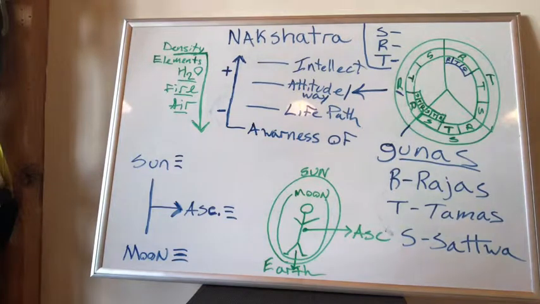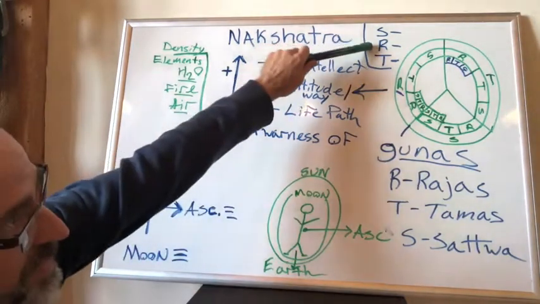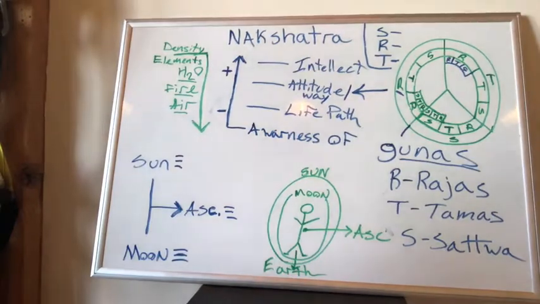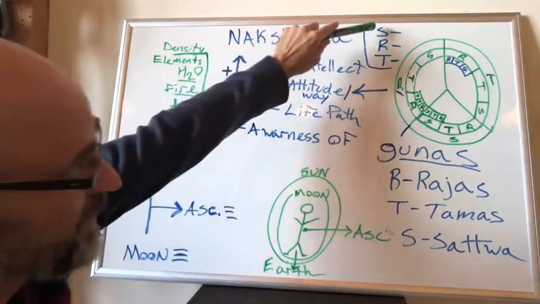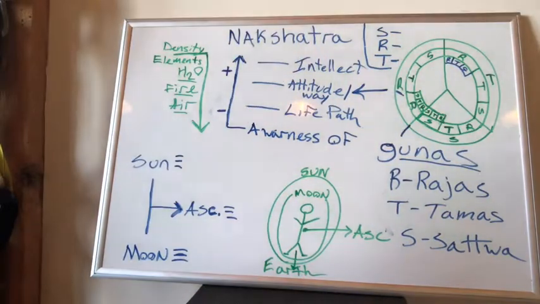On the secondary level, he's got this rajasic energy. That rajasic energy on a secondary level means that the attitude or the way of the individual is very driven, and could be very goal-oriented. They have to slow down a little bit, but generally speaking, their attitude or their way is that of enthusiasm. And on the intellect level, the most superficial level, the part that affects their personality a fair amount, is sattvic.